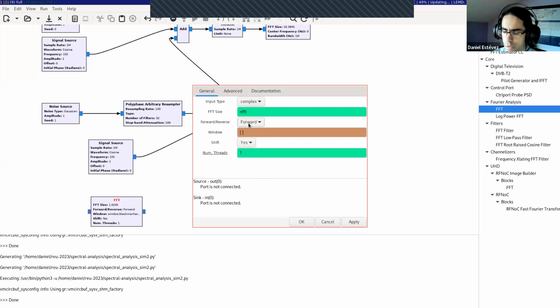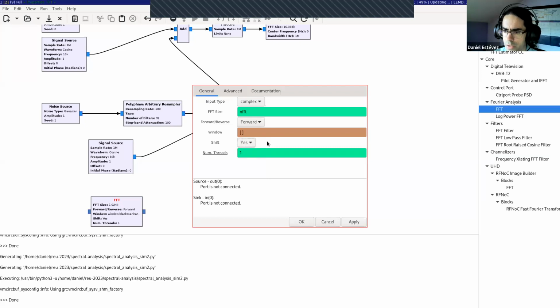Then forward and reverse means whether to convert from time domain to frequency domain, that's forward, or to go backwards from frequency domain to time domain, that's reverse. Shift is the same as FFT shift. If you've used any FFT package, you're probably familiar with FFT shift.